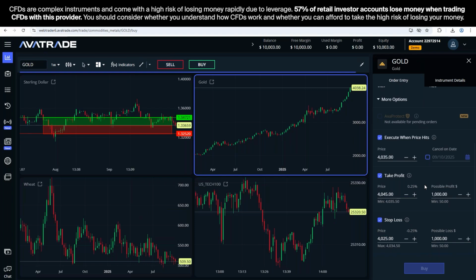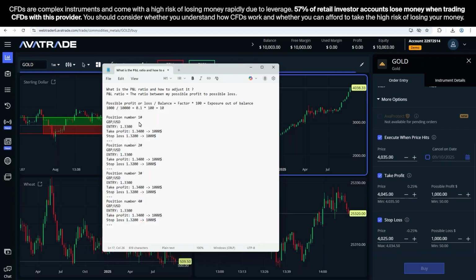Okay, so again, we're looking at the same ratio, but this is not an issue. We're going to fix that. Name of the instrument. So what we have here is gold, entry, we said 4,035. Okay, 35, yeah.